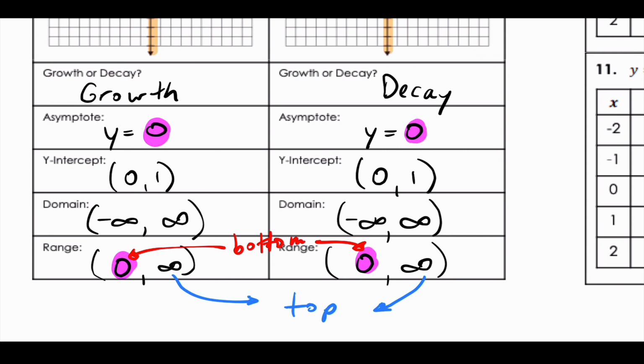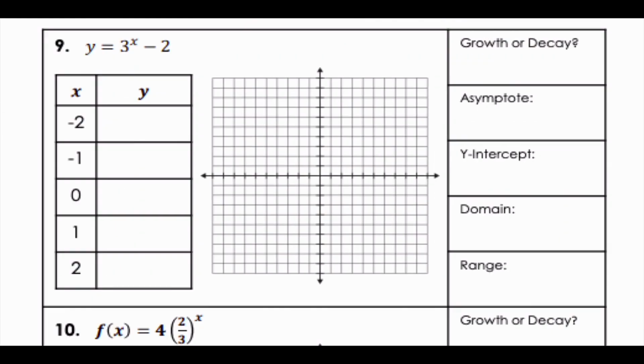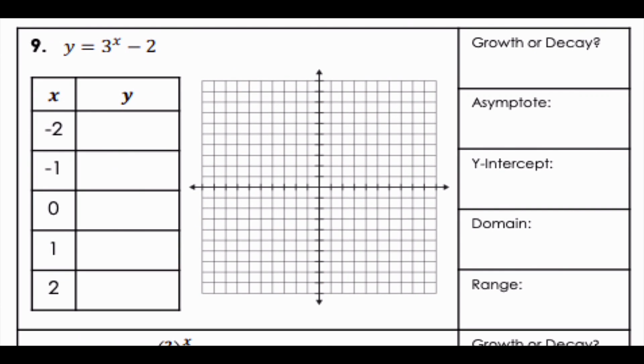Okay, so let's do the next table. The next table to the number 9. First thing we got to do is fill out the table. Okay. So I'm going to plug in an x. This time I'm plugging in -2, but then I also have to subtract 2 when I'm done. Okay.